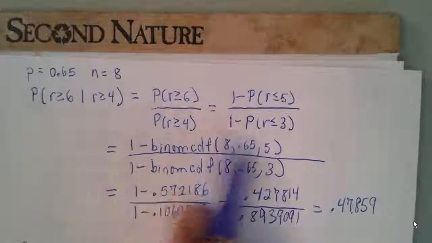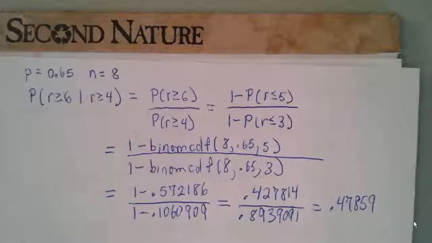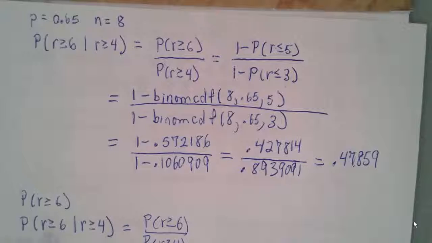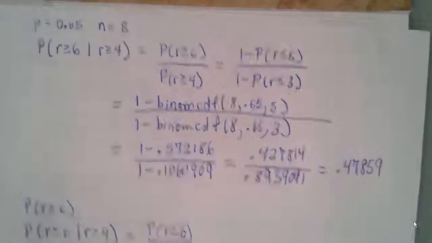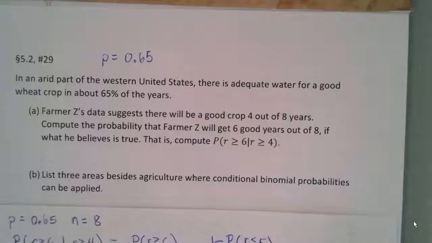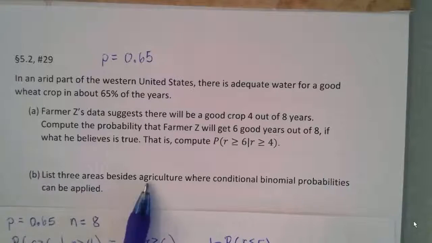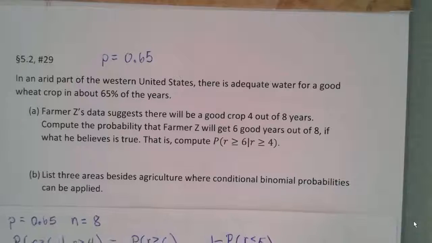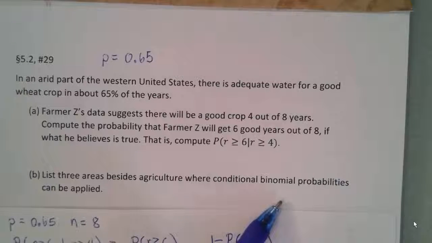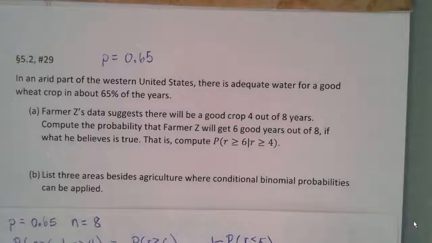It'd be exactly this kind of a calculation. So any place you can use binomial probabilities, you can also use conditional binomial probabilities, and so in a certain way, this is not a terribly insightful question. Just think of places where you could find binomial distributions, and there are your answers.